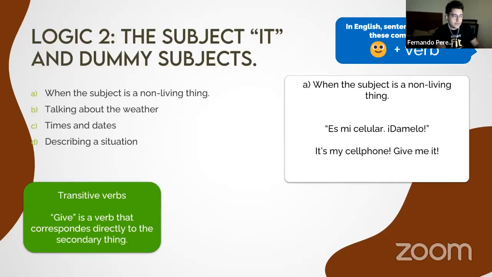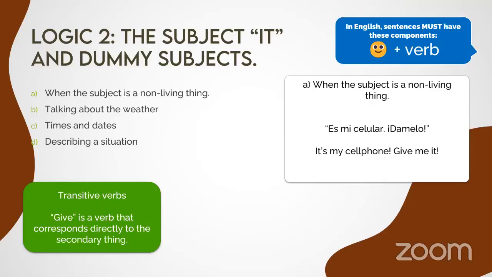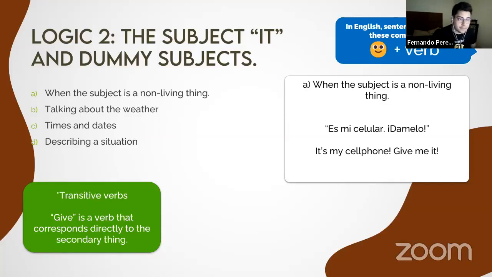In this case, what are you giving? Are you giving the person or are you giving the cell phone? What is the object in question? The cell phone. Then the cell phone is directly associated to the verb give.